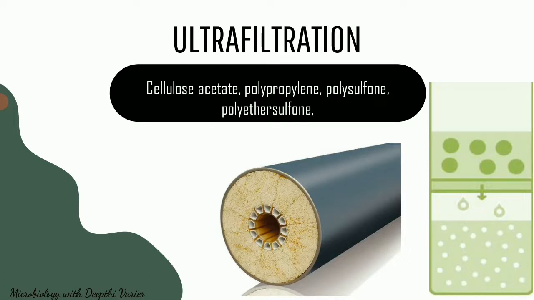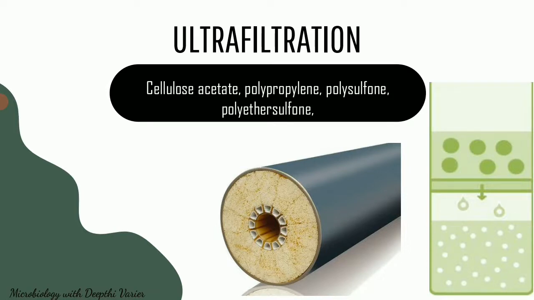That is, membrane filtration and ultrafiltration membranes having pressure that will aid the process of ultrafiltration. Here the ultrafiltration has a pore size of approximately 0.002 to 0.1 microns, and a molecular weight cutoff, that is MWCO, of approximately 10,000 to 1 lakh Daltons. So this is the range in which we can separate out the viruses.